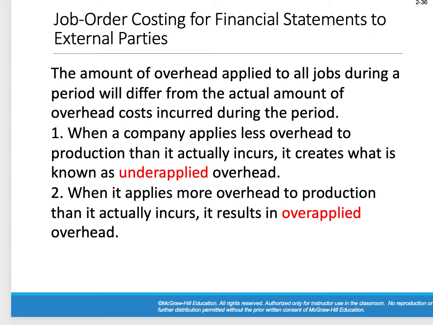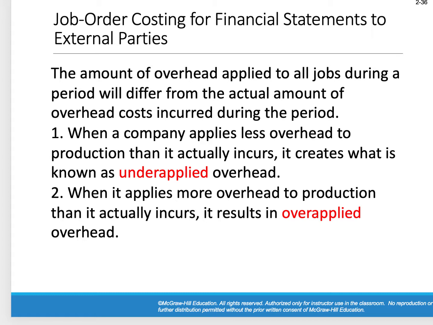So we know that we make estimates at the beginning of the period and we apply our overhead, right? At the end of the period, we find out what our actual manufacturing overhead costs were, and we find out the actual amount of that cost driver that we used. So like we saw in the previous problem in our study guide, there's going to be a difference.